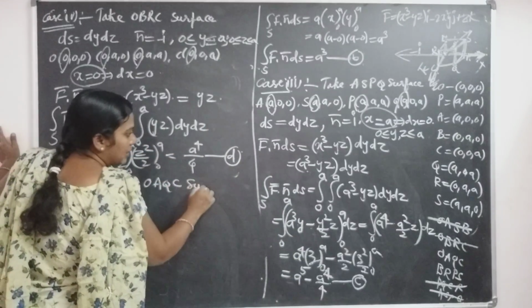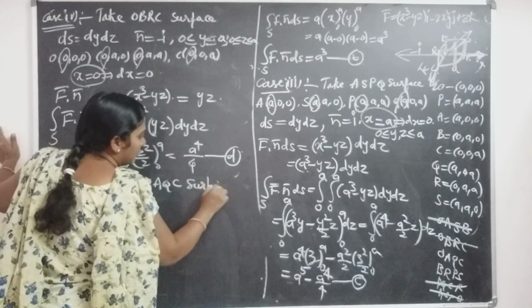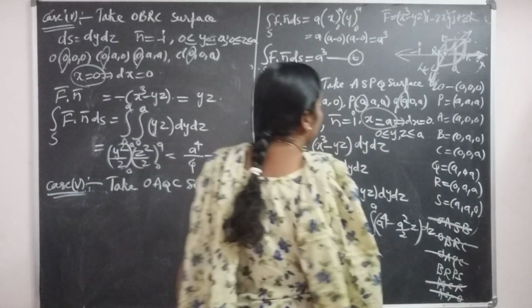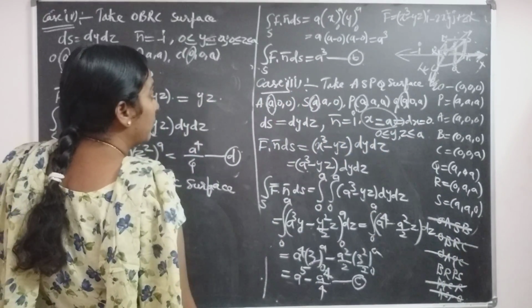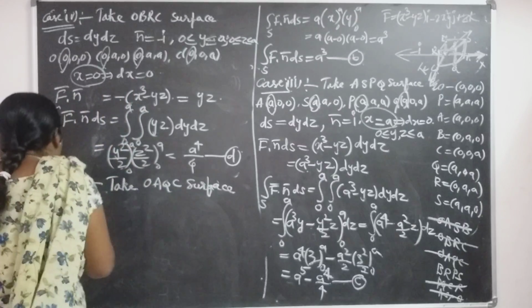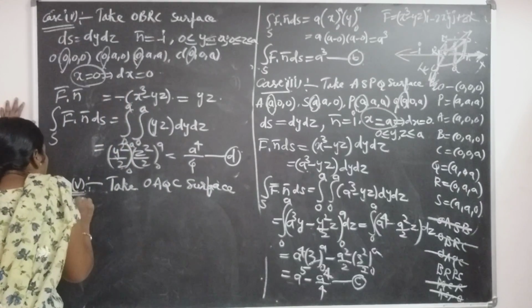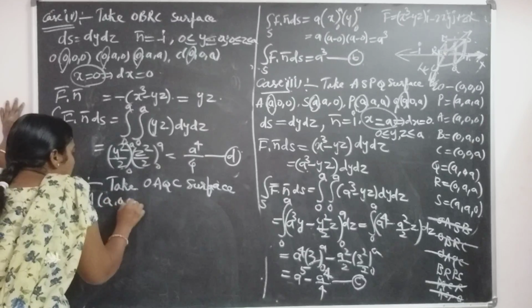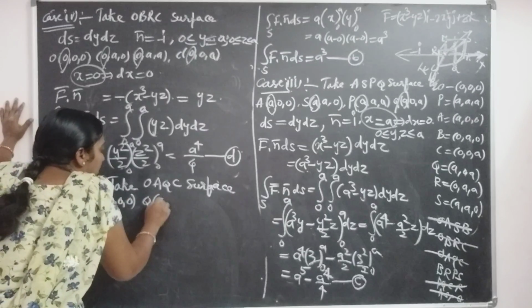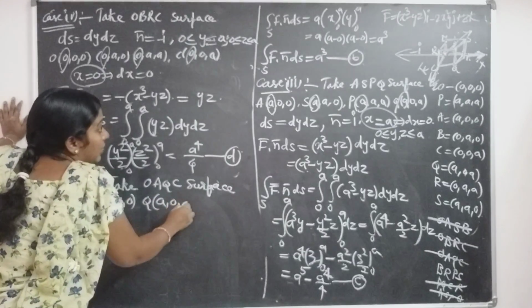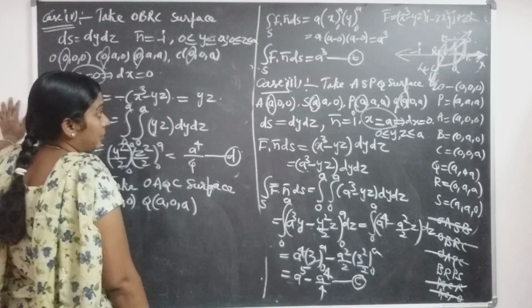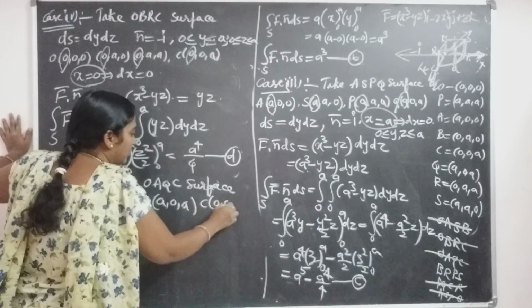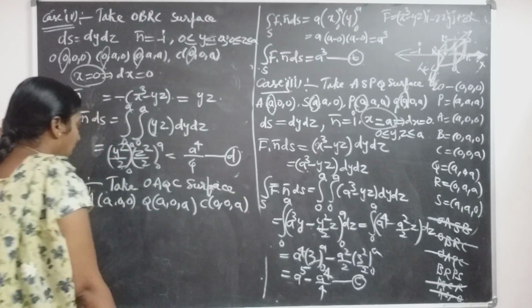OAQC surface. O is (0,0,0), A is (a,0,0), Q is (a,0,a), C is (0,0,a). Okay.